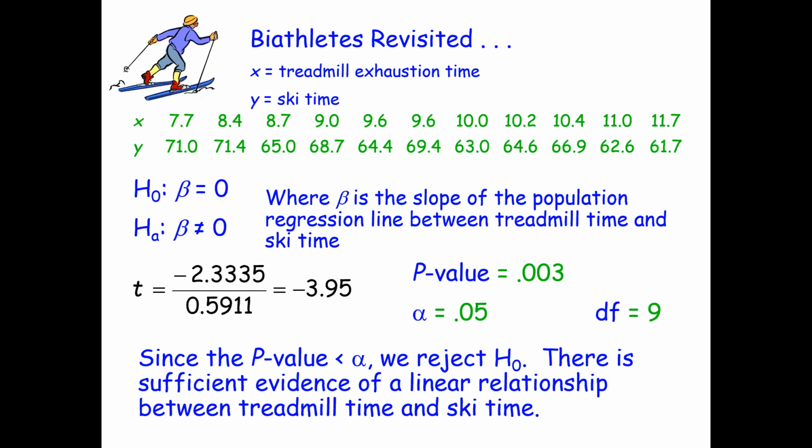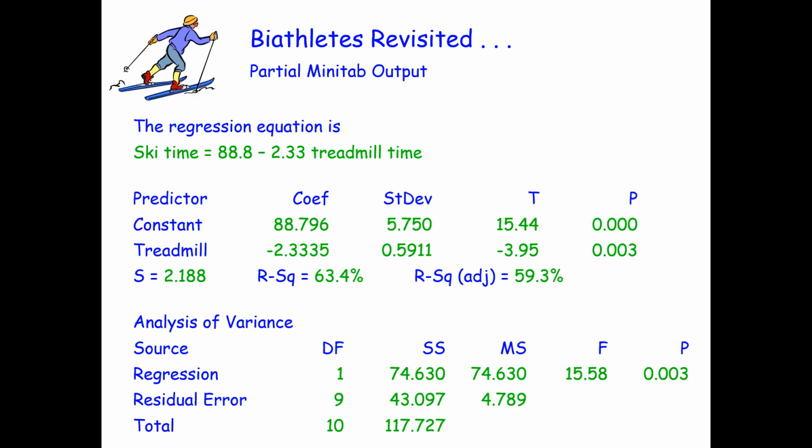Let's go back to our partial Minitab output from earlier. If I take that negative 2.335 and divide it by 0.5911, that's going to give me my negative 3.95. So this negative 3.95 in our output is our t-test statistic.